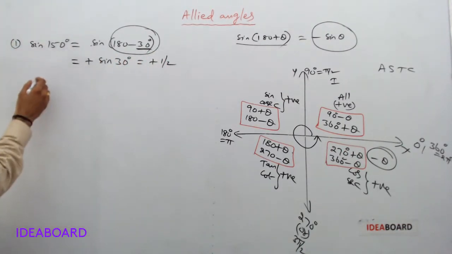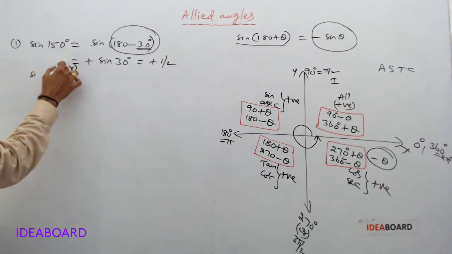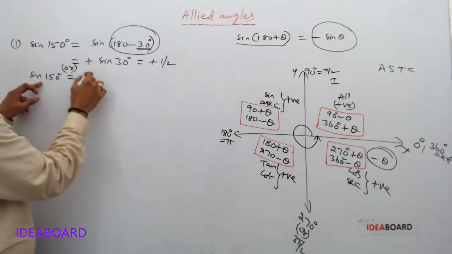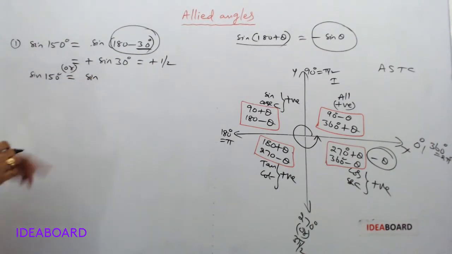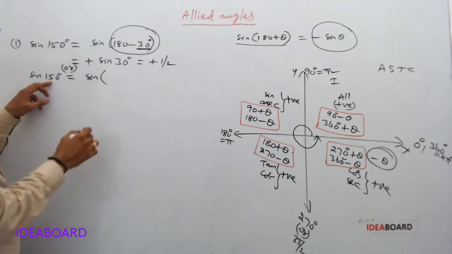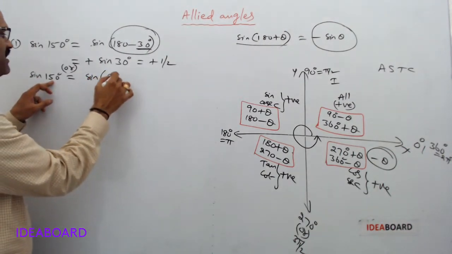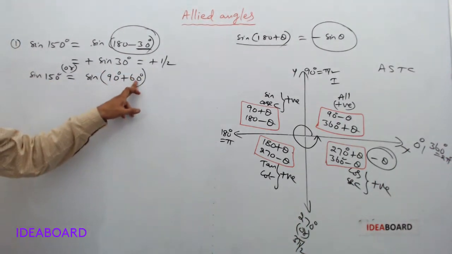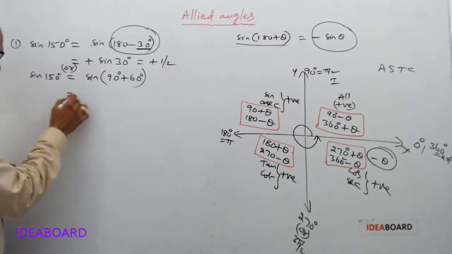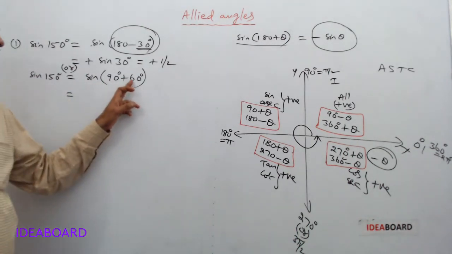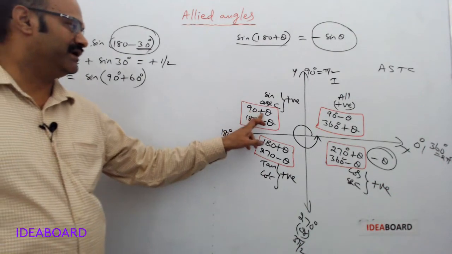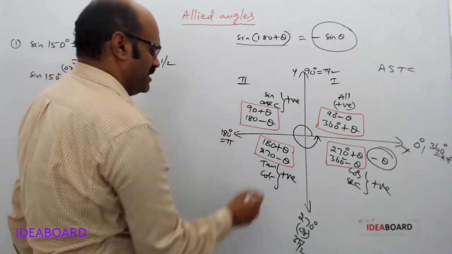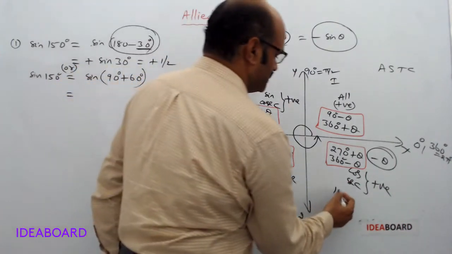Similarly, one more method is sine 150 degrees equal to sine of 150 taken as 90 plus 60, that is 90 degrees plus 60 degrees. 90 plus theta lies in the second quadrant. This is the second quadrant, this is the third quadrant, and this is the fourth quadrant.